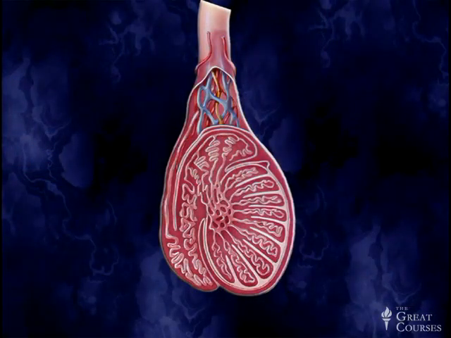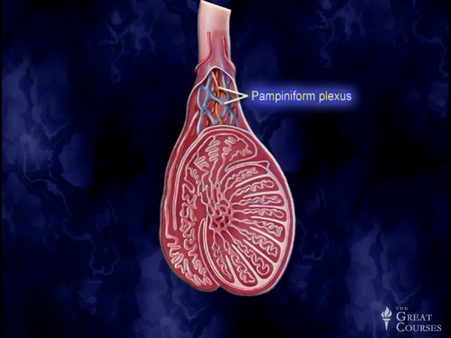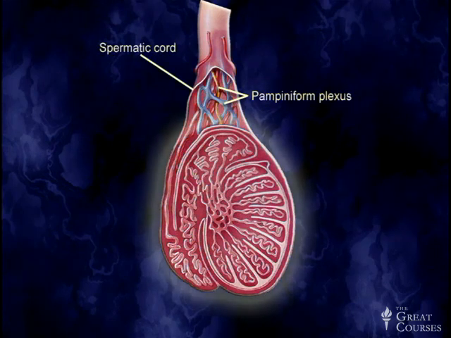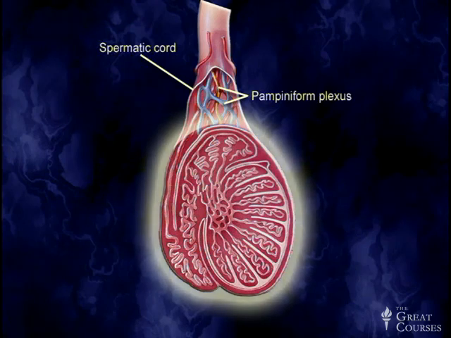Now, when we look at what's going on more deeply in the system, this is a cutaway or a sagittal section of a single testicle. The other term is testis. Here are the blood vessels, the pampiniform plexus and the spermatic cord. We have several layers here, and if you look carefully, it's very segmented.